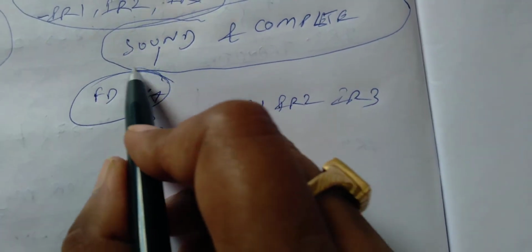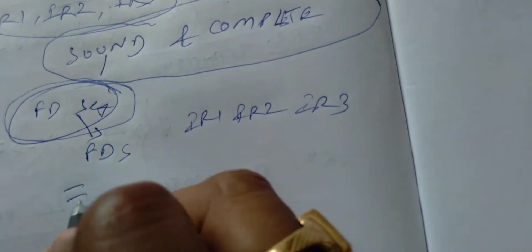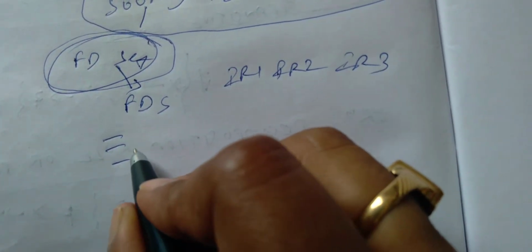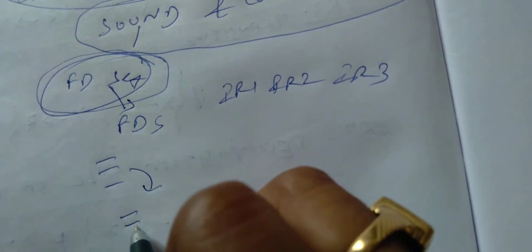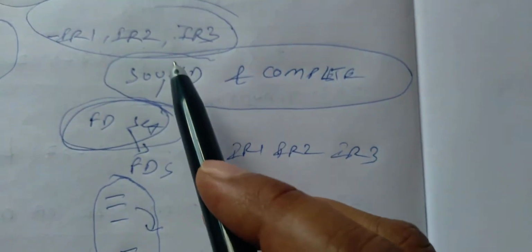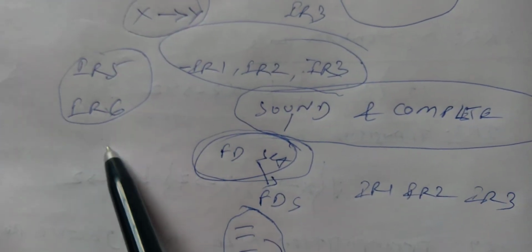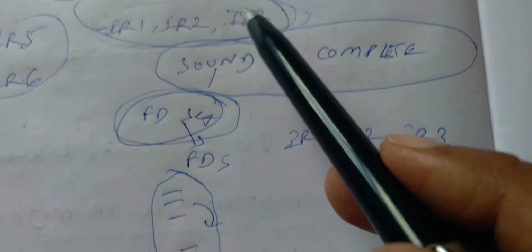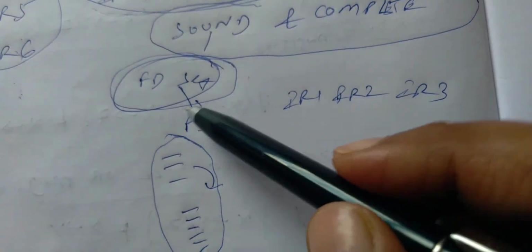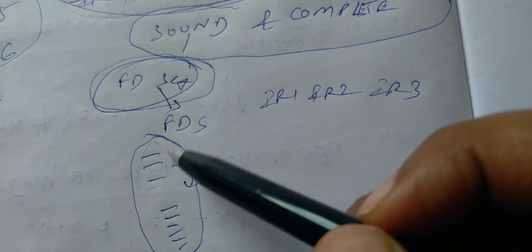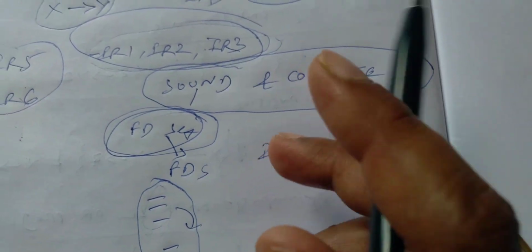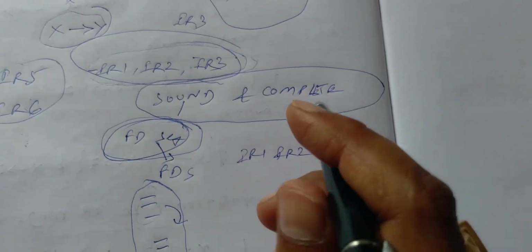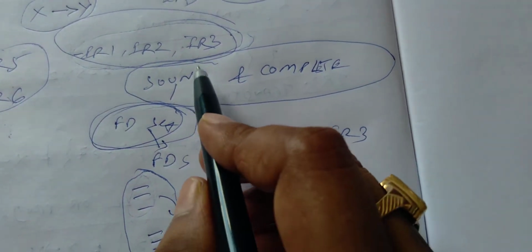If a given functional dependency set consists of suppose three functional dependencies, you can derive other functional dependencies from that, and all of them can be derived using only these three. No need of using IR4, 5 and 6. You can derive using IR1, IR2 and IR3 all the functional dependencies that are possible from the given functional dependencies. That's why this is called complete. Now what is sound?